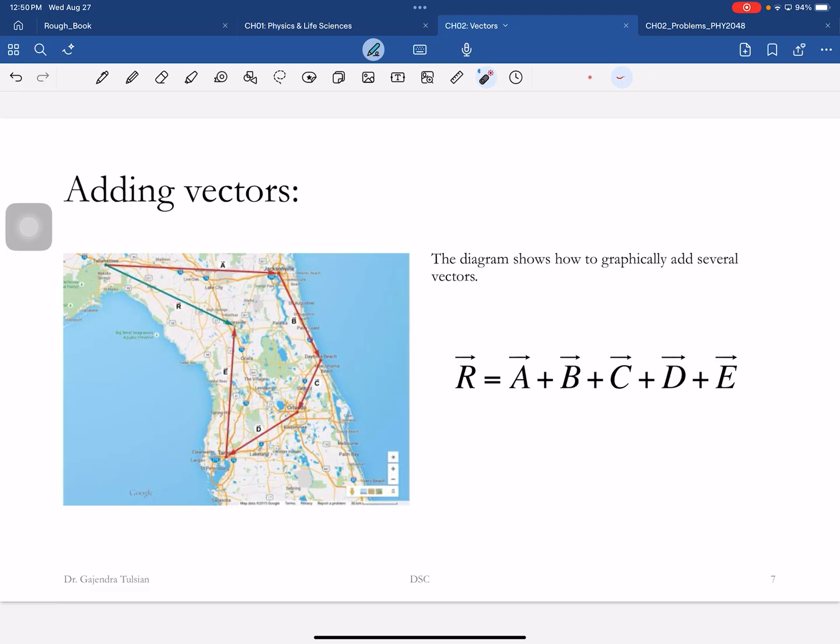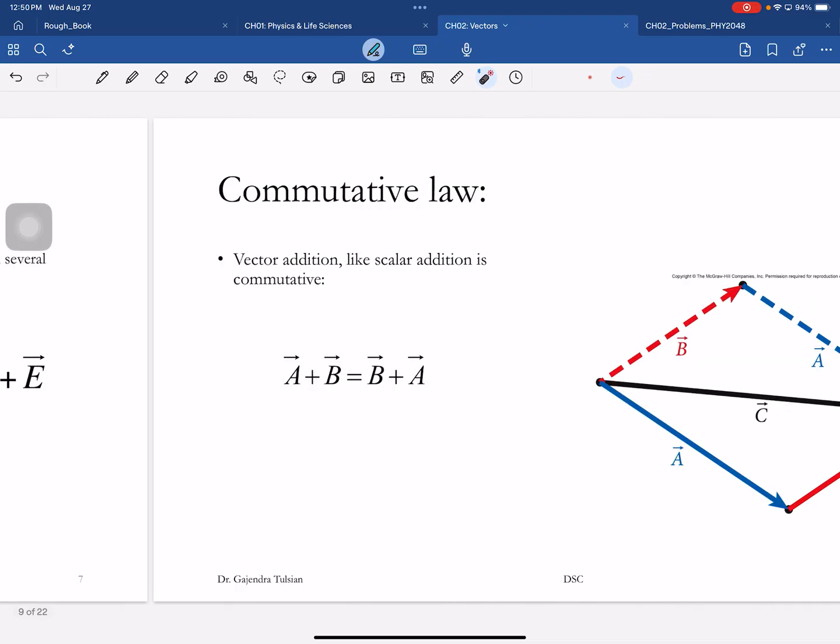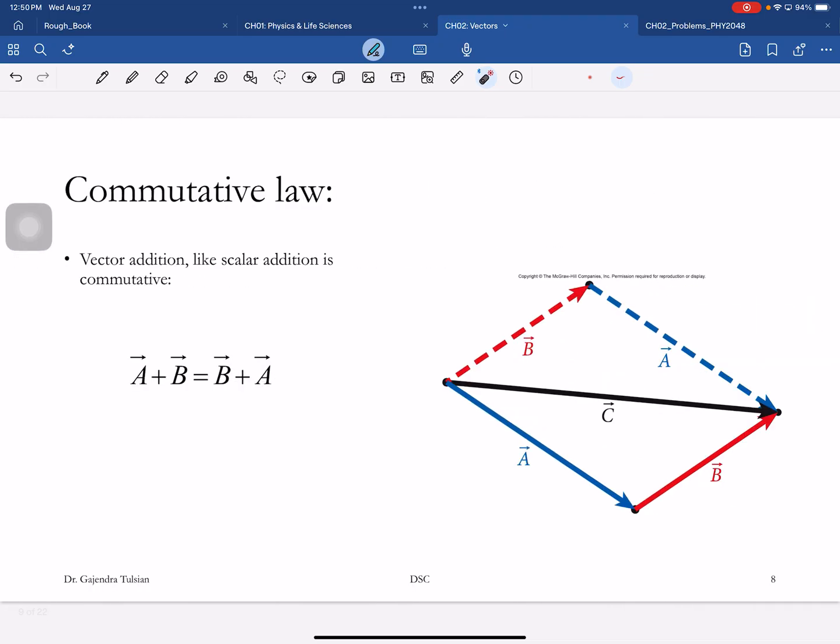So here's what we're going to do. We're going to test all the properties that numbers obey on the vectors. You knew how to add a bunch of numbers, so we're learning how to add a bunch of vectors. About numbers, you know that 4 plus 5 is equal to 5 plus 4.